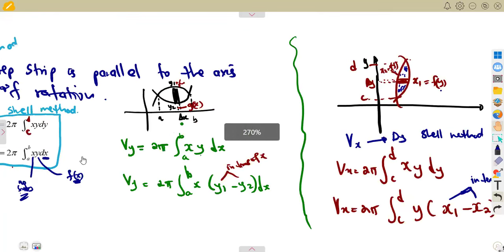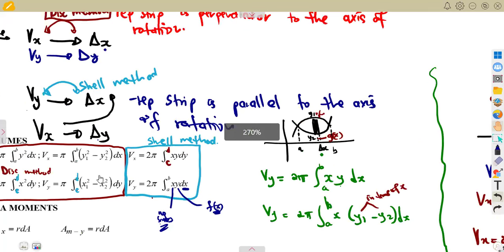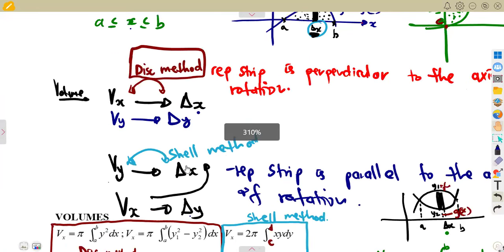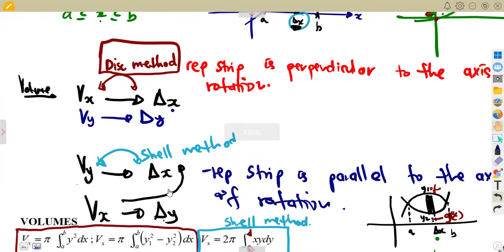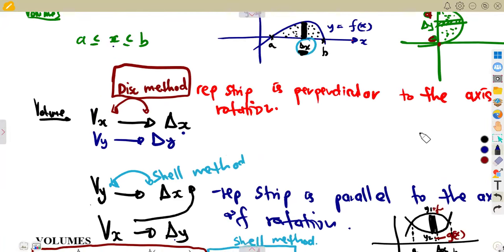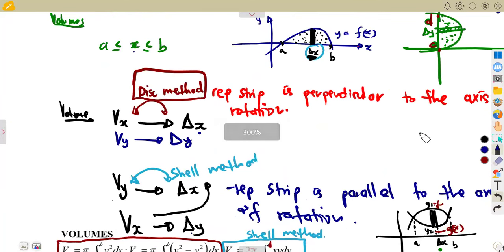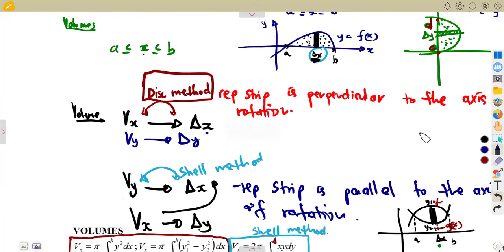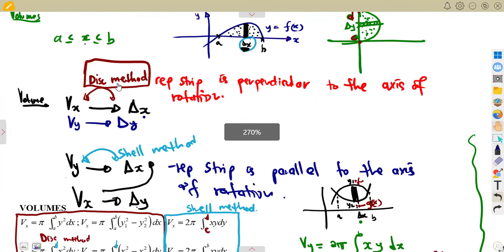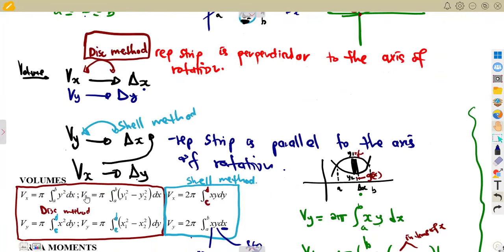So let's conclude this and say, whenever the strip corresponds to the axis of volume, or whenever the volume that we are given corresponds to the strip or to the limits that you are given, there you use the disk method, which uses these formulas.